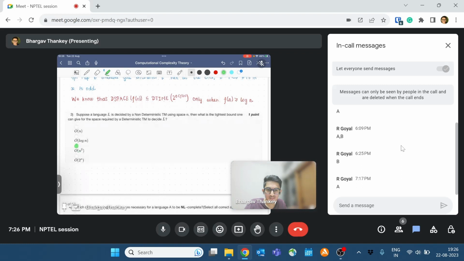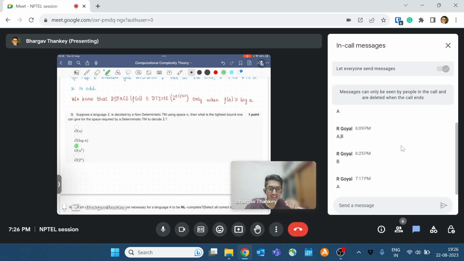Which one is more appropriate to write, f(n) whole square or f square n? Generally it's better to write f square n, but if you remember from high school trigonometry, we used to write sine square x, right?